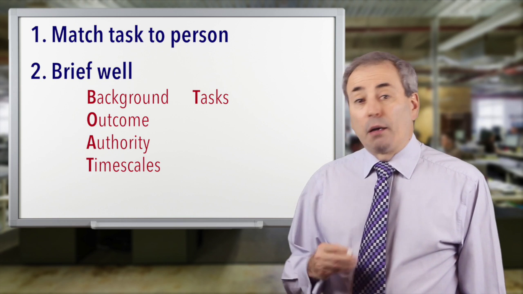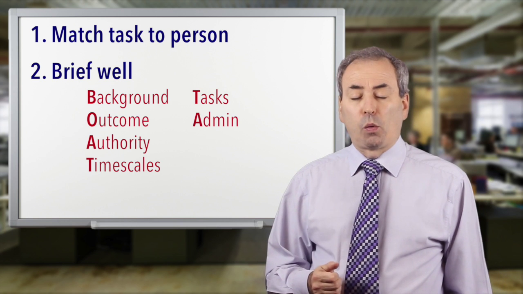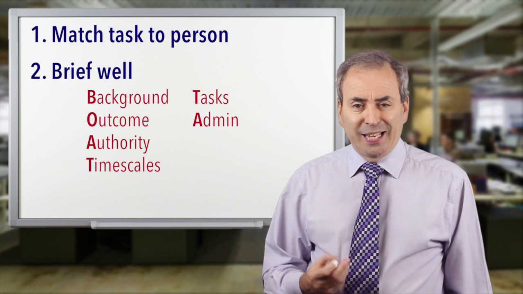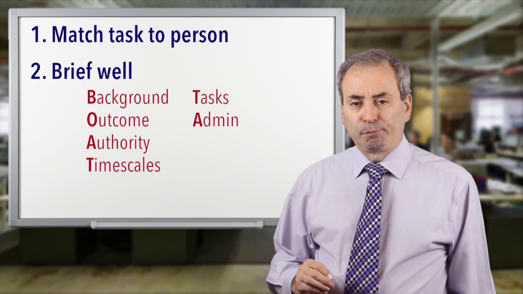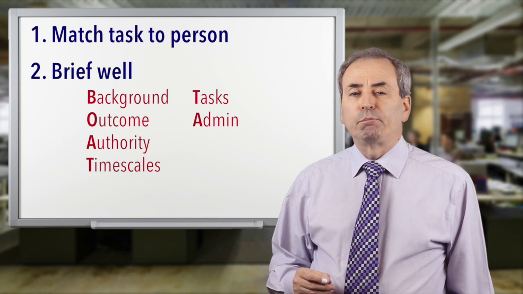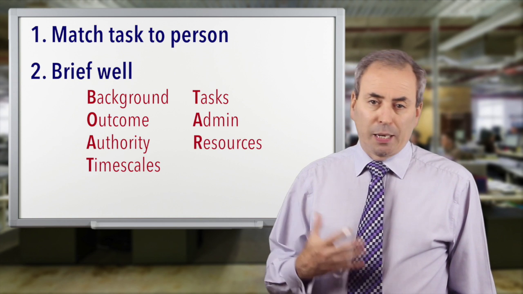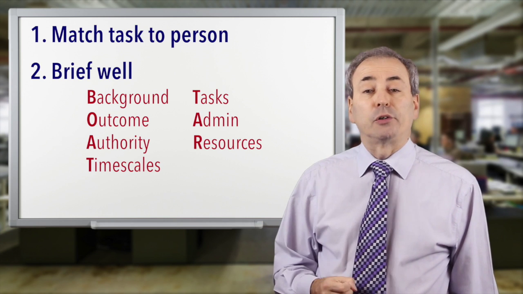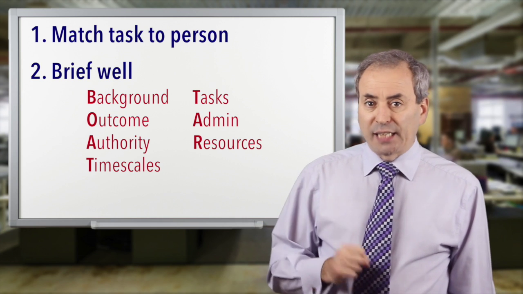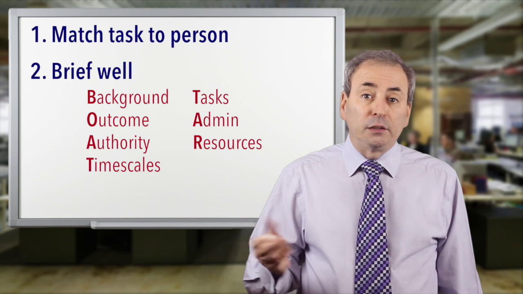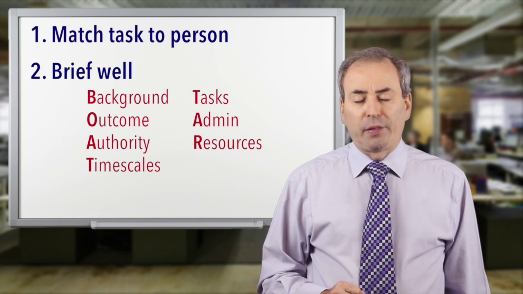Second, there may be some administration, some admin requirements that they need to follow, so make sure that they know those. And finally, if there are some resources that they'll need to call upon, maybe it's materials, maybe it's assets or equipment they need, maybe it's access to other people, advice, guidance, or even help, spell that out for them too.